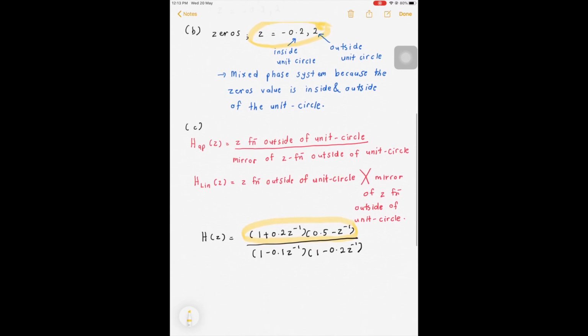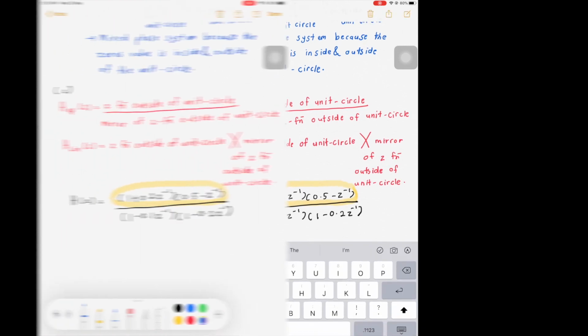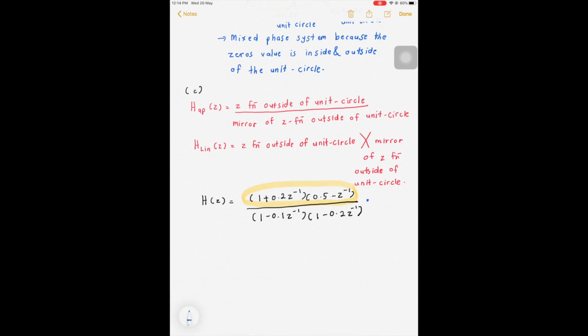It is coming from 0.5 minus z^-1. So you know that 0.5 minus z^-1 is a function which is outside the unit circle. So we need to kill off the function which is outside the unit circle. So you have to multiply the function with the mirror of 0.5 minus z^-1.